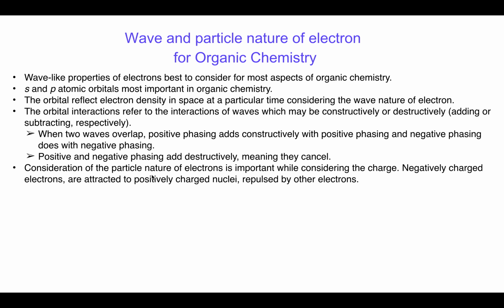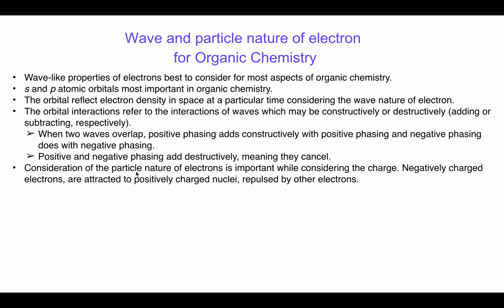Consideration of the particle nature of electron. Is it important sometimes in organic chemistry or do we never use it? The answer is that this particle nature of electron is important when we consider the charge on the electron, because while we are discussing chemical reactions, the electron density, or the polarity of molecules, we will be considering the charges on different parts of molecules.